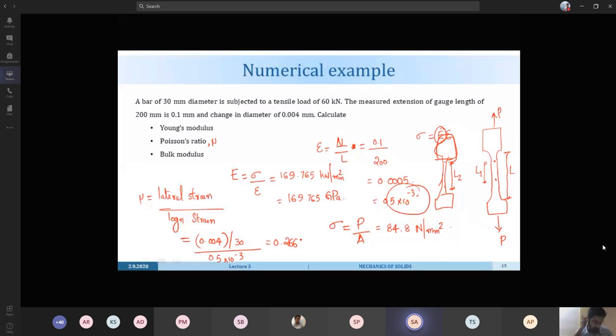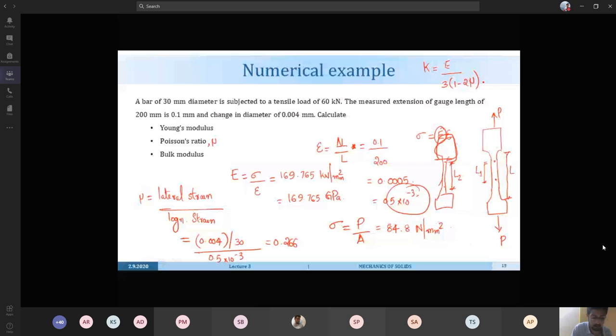Yes, sir. What is the bulk modulus? The bulk modulus equals E by 3 into 1 minus 2 mu. I will write the expression here: K equals E by 3 into (1 minus 2 mu). So from this you can calculate the bulk modulus directly.